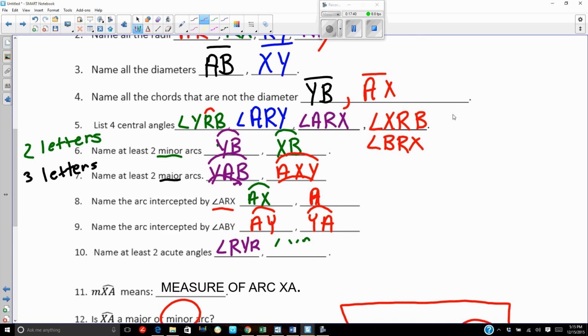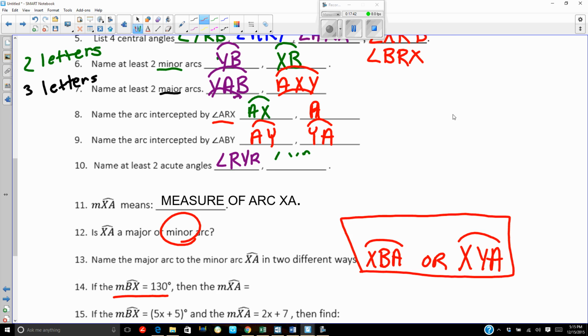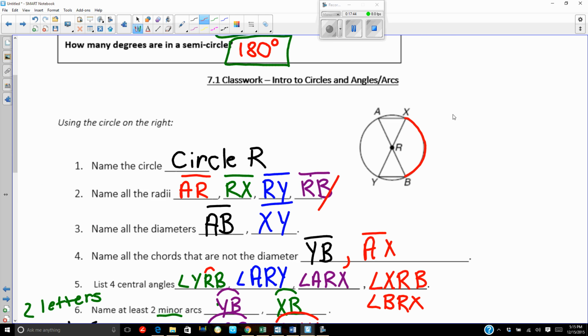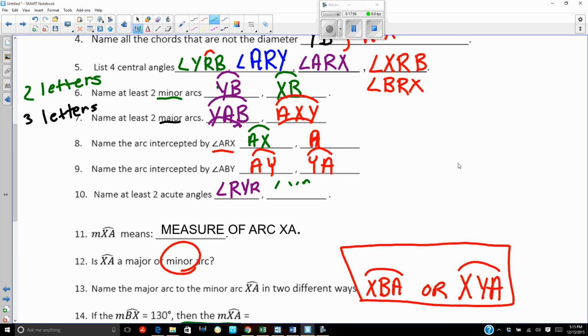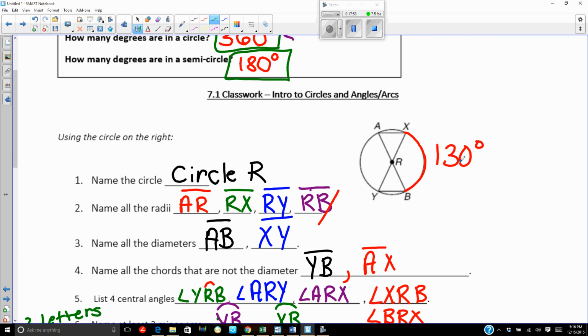So arc BX, we said, was 130 degrees. They want us to find the measure of arc XA.